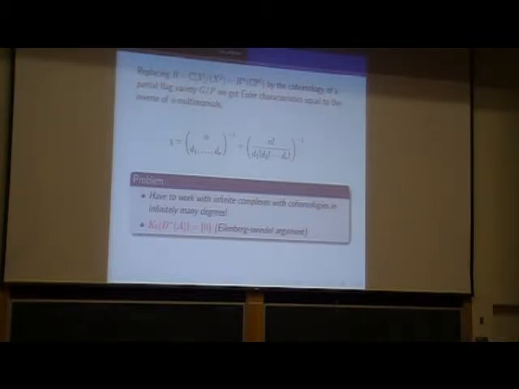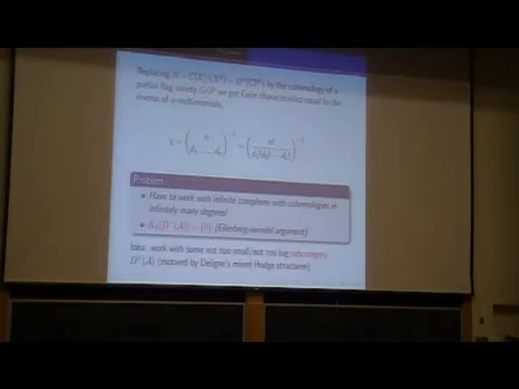So it becomes 0. This is quite an easy argument to see. So that means somehow I have to change something. I want to work with infinite complexes to make sense out of these Euler characteristics, but on the other hand, I want to preserve my Grothendieck group.